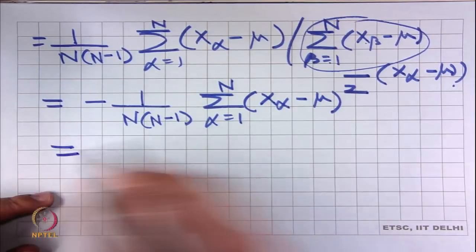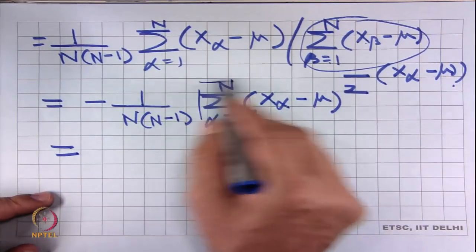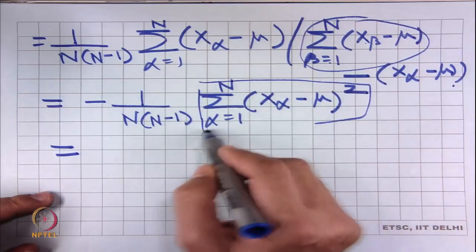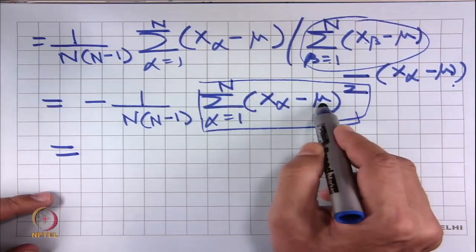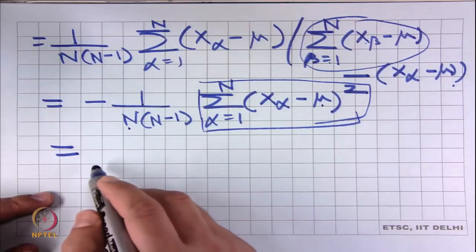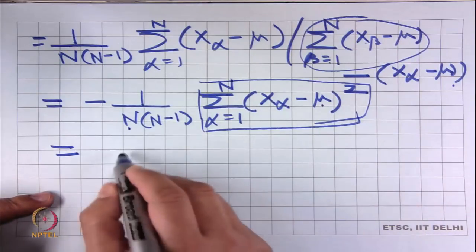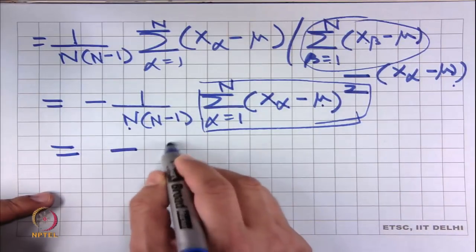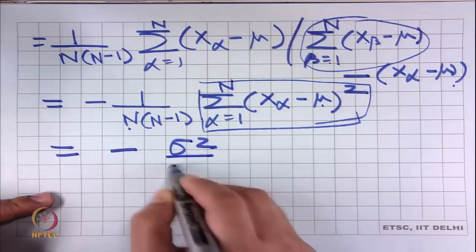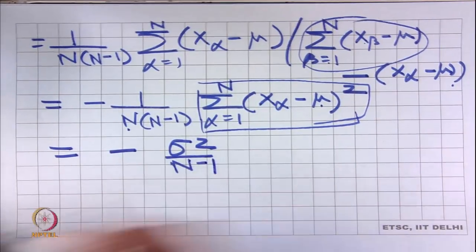And we know that the sum of square of the deviation from the mean divided by n is equal to sigma square. So, this term is sigma square upon n minus 1.